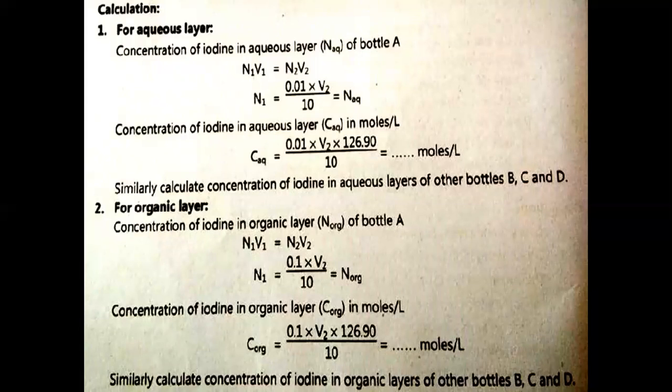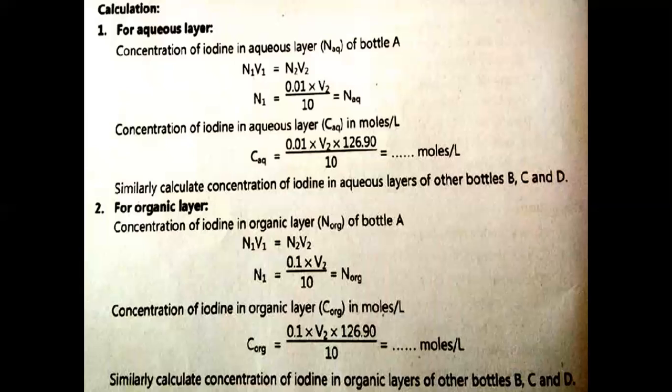Concentration of iodine in aqueous layer, that is C aqueous in moles per liter, can be calculated by formula 0.01 multiplied by V2 multiplied by 126.90 upon 10. That you will get in moles per liter. Similarly, calculate concentration of iodine in aqueous layers of other bottles B, C and D.